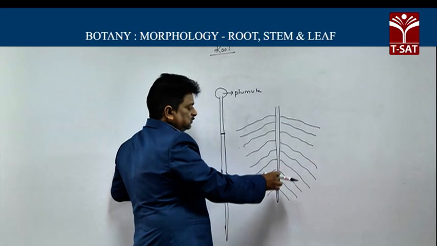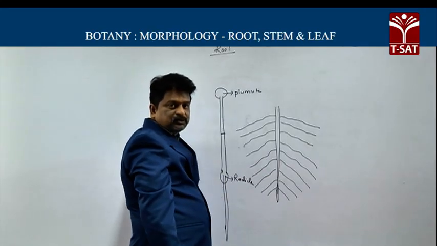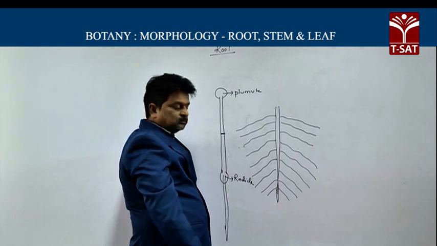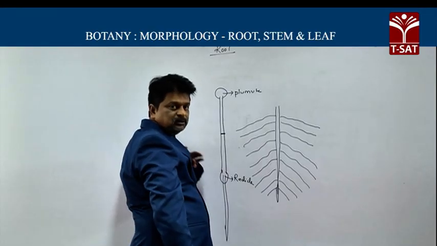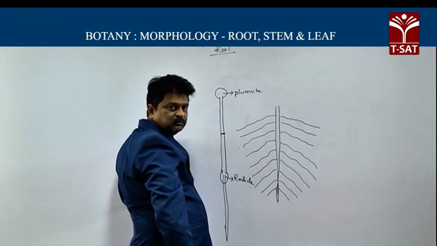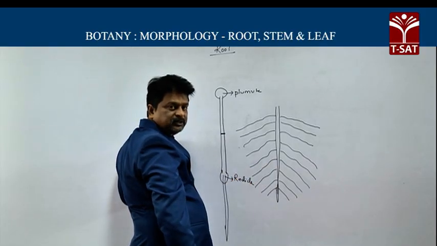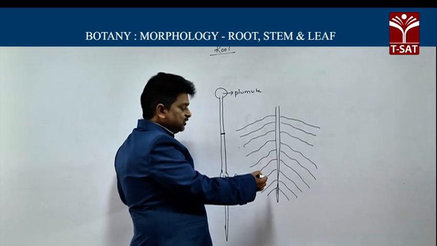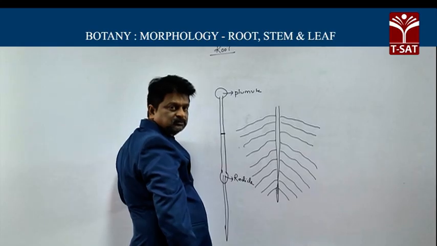This root grows towards the soil, which is called positive geotropism. Then this taproot or main root gives lateral roots, and the arrangement of lateral roots is in acropetal succession. It means younger roots are formed at the apex and older roots are formed at the base. Such an arrangement is called acropetal succession.